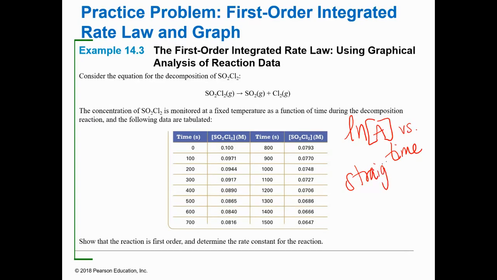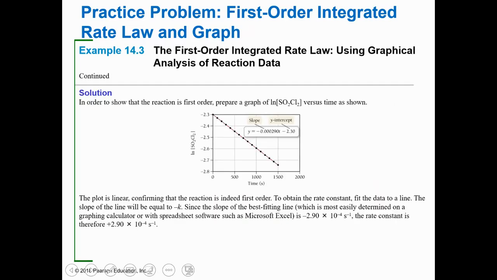That is the easiest way to go. I'm not going to ask any like this, but here, notice they plugged it in after using, I'm sure they used Excel. Yep, they talk about using Excel, and then you just pull the slope from the y equals mx plus b equation.